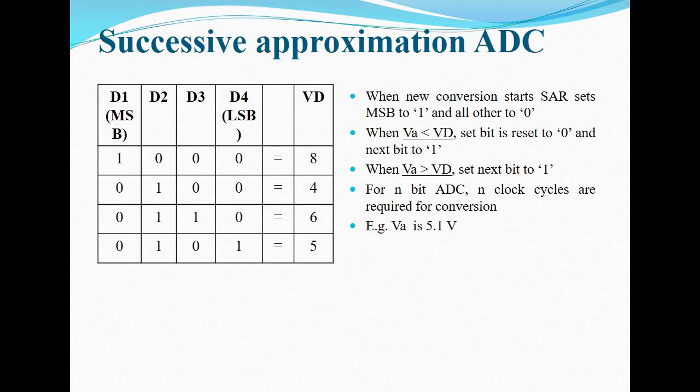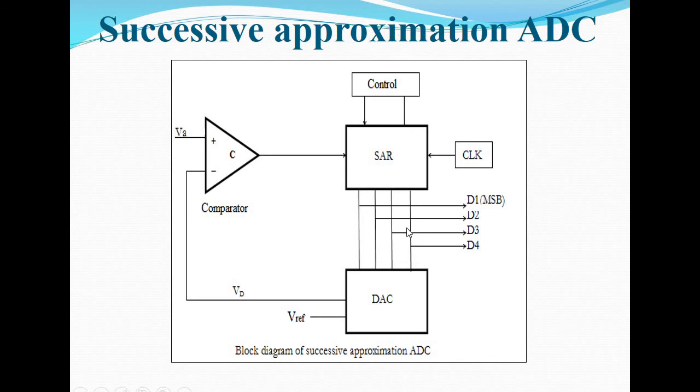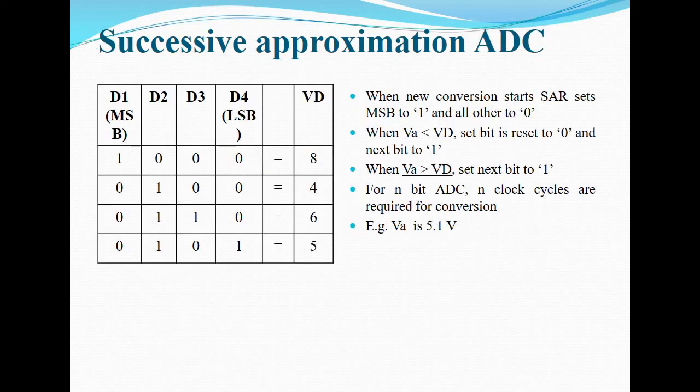So now what happens here? From the DAC, the value of VD is now 8. That is supplied to the negative terminal of the comparator, and at VA we are passing the input voltage of 5.1 volt.